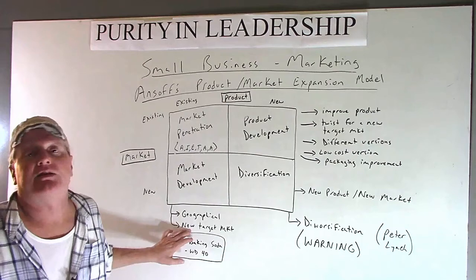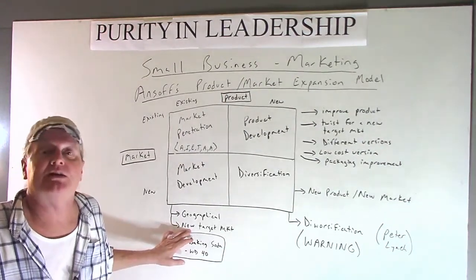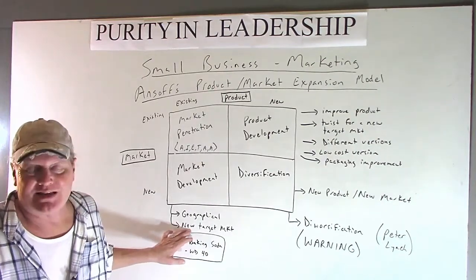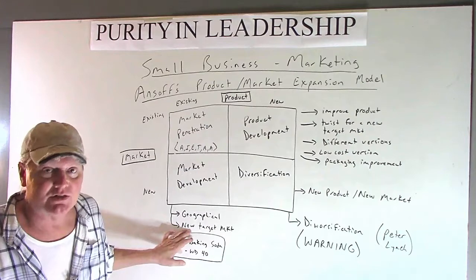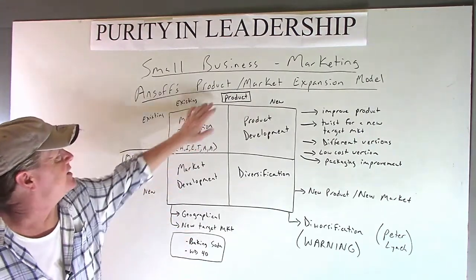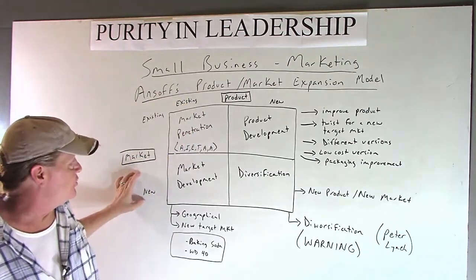We also might look at new target markets. If you're not familiar with what a target market is, see the playlist and you'll find the video. But it's a different segment of the population. So we're looking at an existing product and a new market.